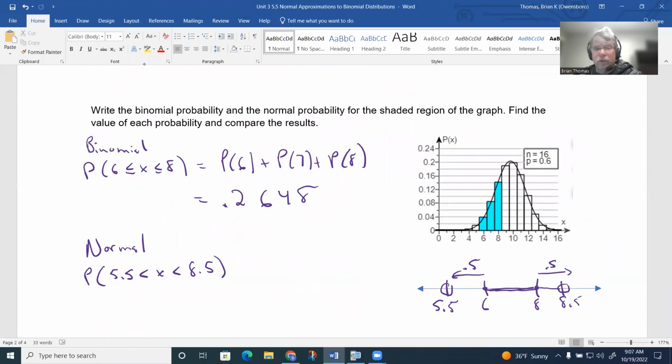So my mean is going to be 16 times 0.6, and my standard deviation is going to be the square root of 16 times 0.6. And then remember, if 60% are successes, then 1 minus 0.6 would be 0.4. That would be our failures, or 40%. So I actually have to do that math as well. So I'll have to back up a little bit and do that again.